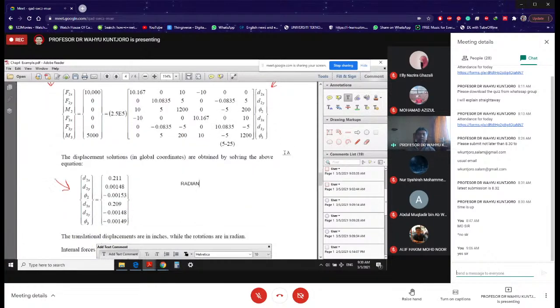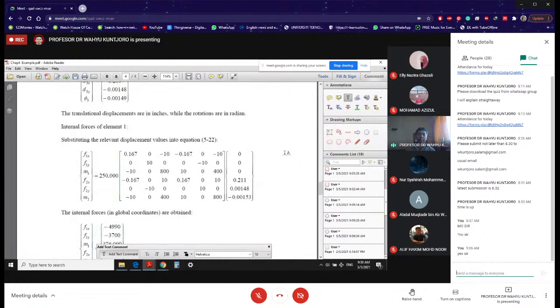And of course, after that, you can calculate the internal forces for each element. For example, for element number 1, you can calculate forces at node number 1 and at node number 2, which you will find here.